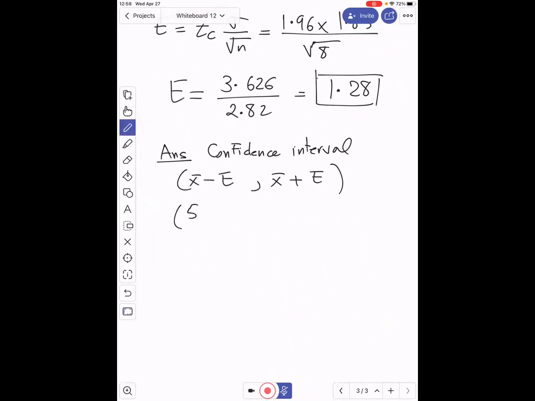So this is 5.35 minus E, and on the other side it's plus E. So the answer here is equal to 4.07, comma, and 5.35 plus E is actually equal to 6.63.